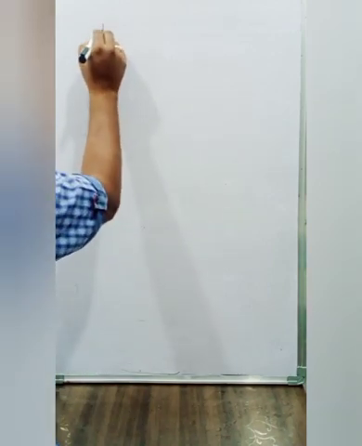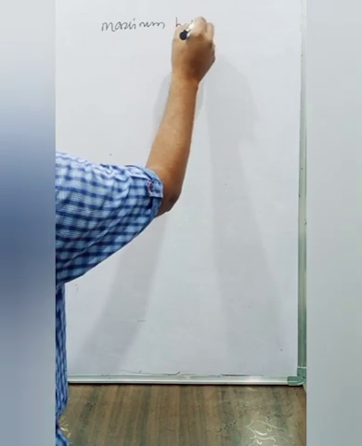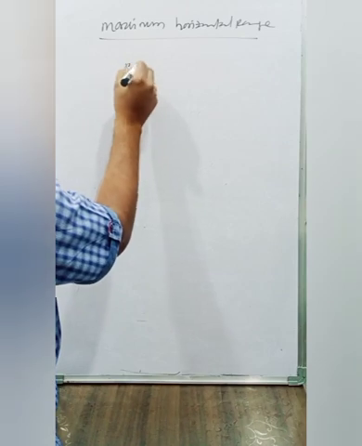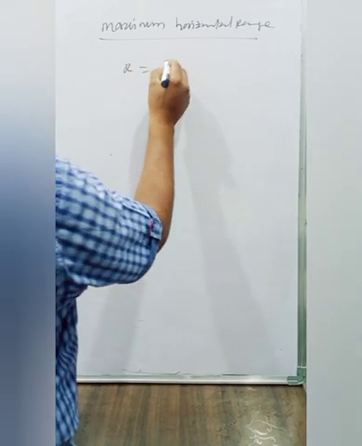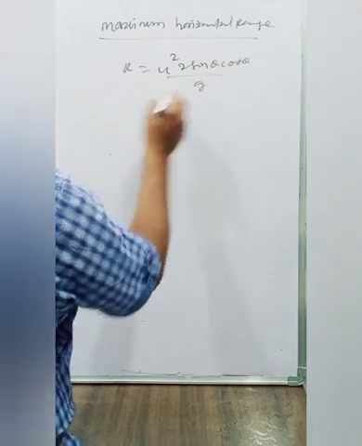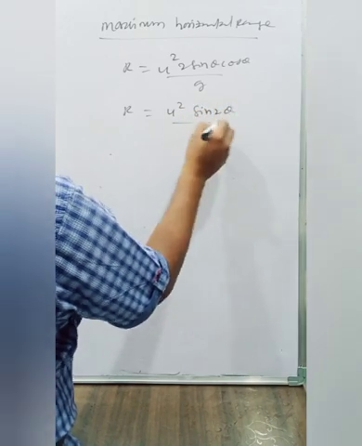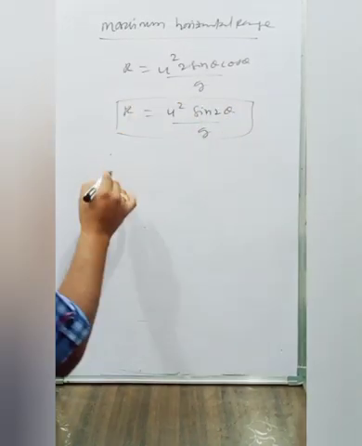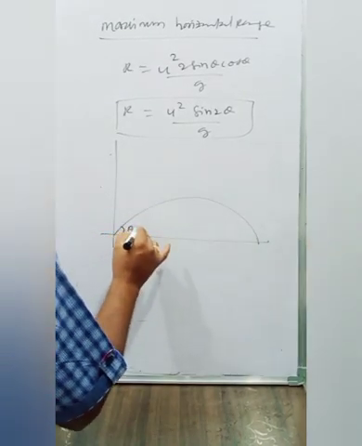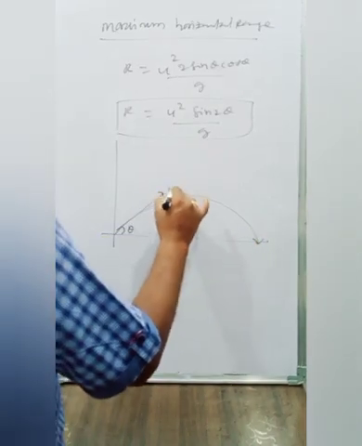Maximum horizontal range. We know that the range of the projectile is R is equal to u square sin 2 theta by g. According to the diagram, a projectile is projected with a certain angle theta, then reaches the same plane.